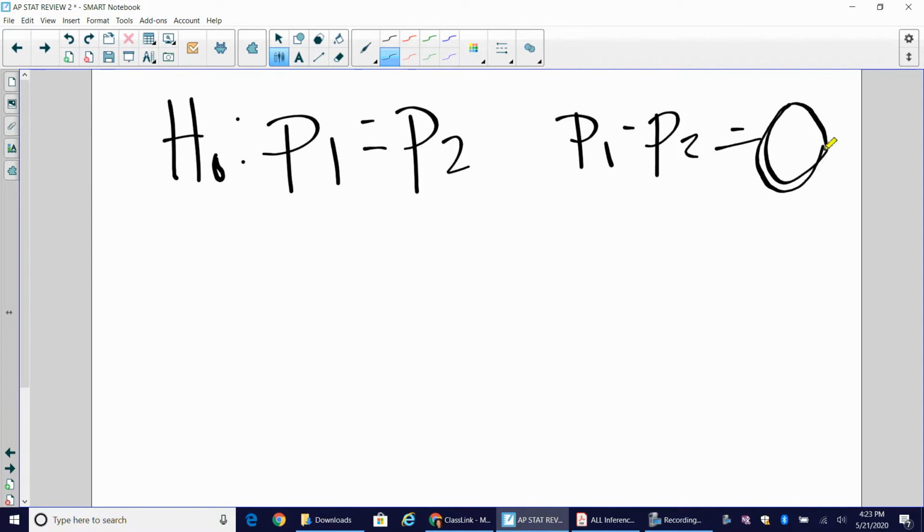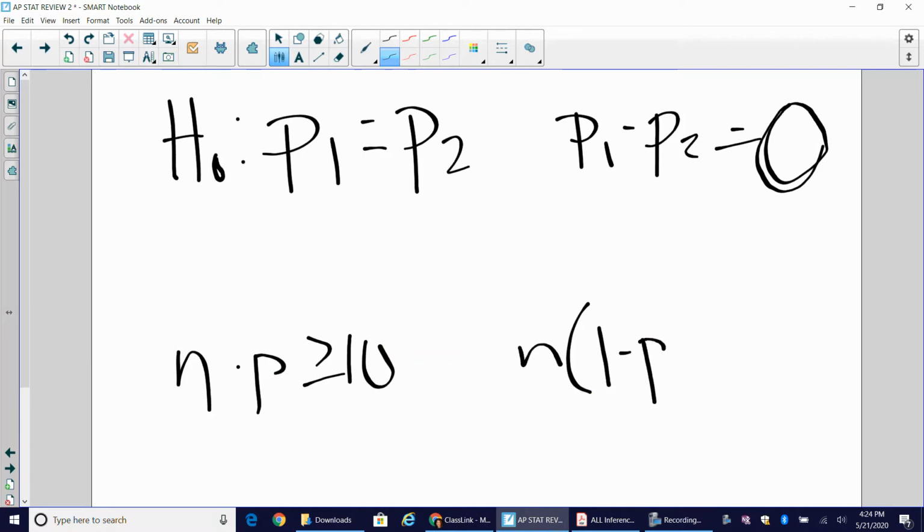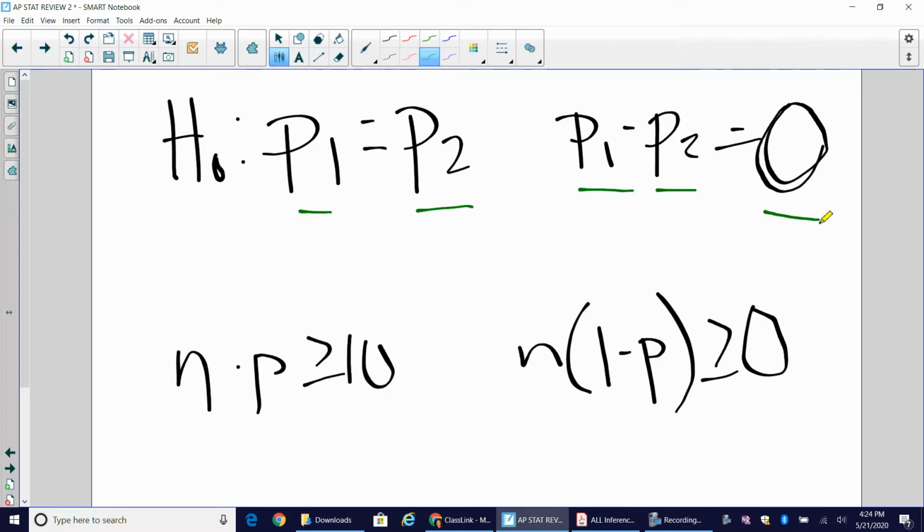Normally, with a significance test with one sample, we would just use n times p to show that it's greater than or equal to 10, or n times 1 minus p, because we would have been given this p value. Well, in a two-sample significance test, we don't know either one of these values. We just know that their difference is 0.